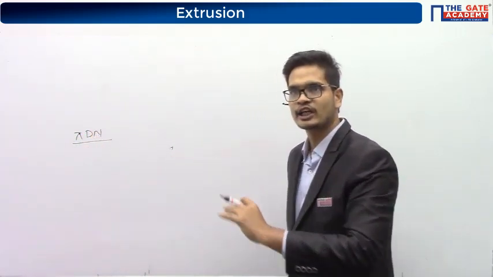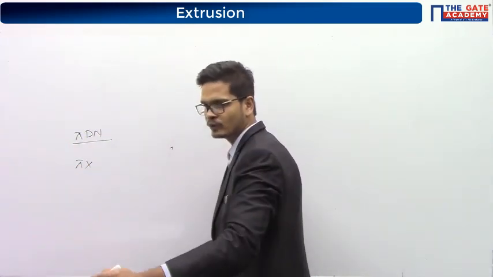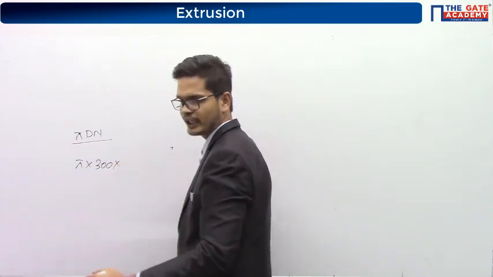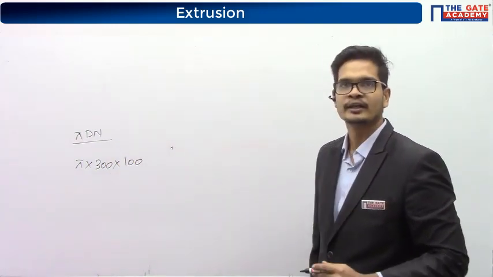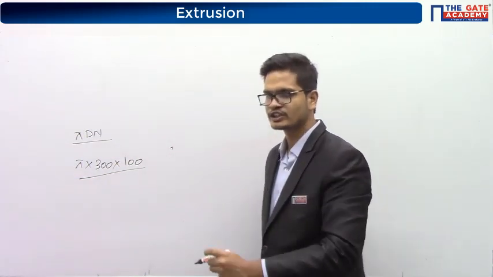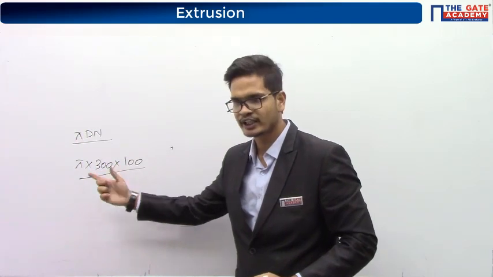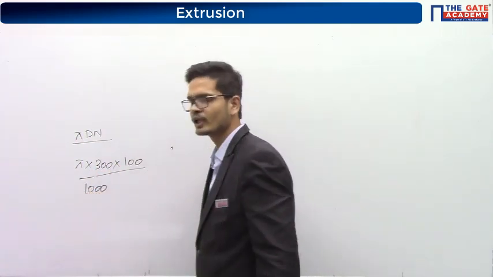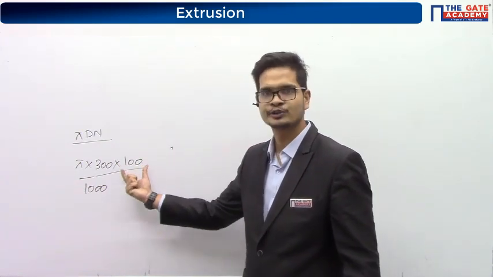Let's start with pi D N. So pi into diameter, which is 300, into rpm 100. Okay, guys, always take care of the unit. In the question they have asked in meter per second. So this 300 is in mm, so we will convert it into meter by dividing by 1000. Then meter per second, that second, here it is revolution per minute.